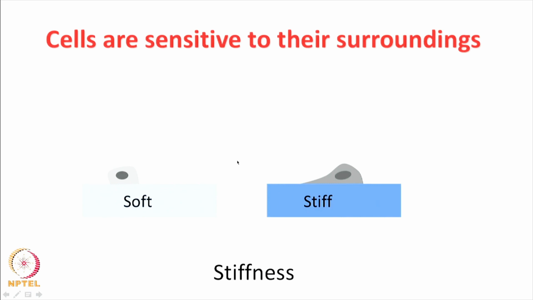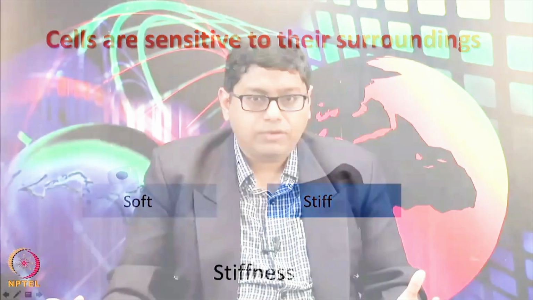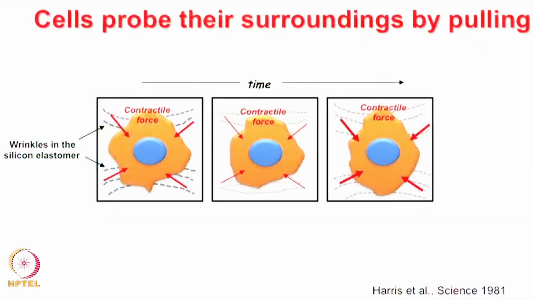So, that also brings us to the question: how does the cell know what is the property of its surroundings? What has been shown long back, from this seminal paper where fibroblasts were plated on silicone substrates, is this. As a function of time, this fibroblast is sensing the substrate by actually pulling on it.